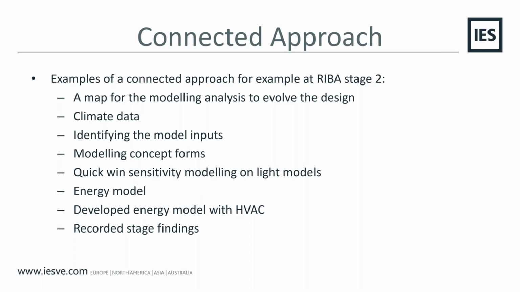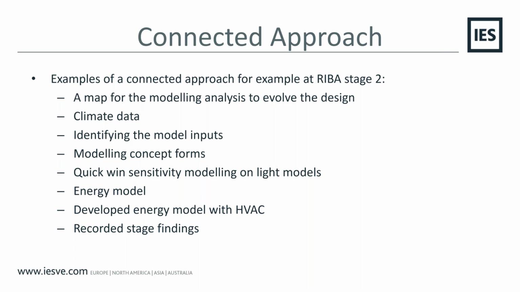That could be looking at solar exposure, the number of hours and the rate of solar radiation on certain facades, which areas are the most shaded and which are the most exposed, which would help to drive any window to wall ratios and solar shading layouts that you may be contemplating. But your roadmap would be driving that assessment and setting out what you're going to assess and how you're going to report that.